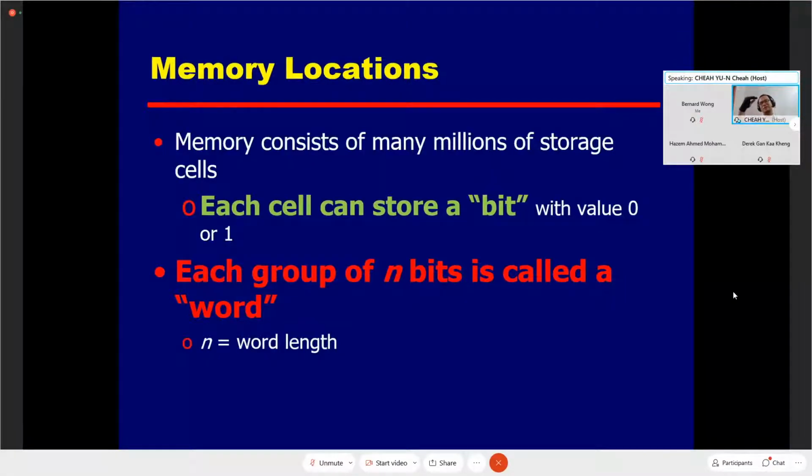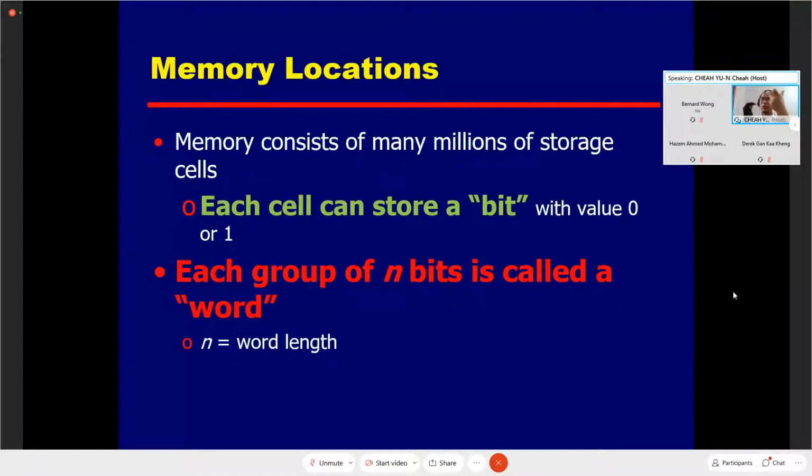Yesterday, Tuesday's example, or in the tutorial, if you recall, we talked about the ROM. In one of the questions we have 128 times 8. The 128 here means 128 locations, and in each location there are 8 bits.